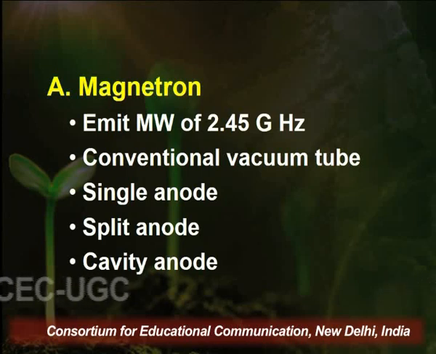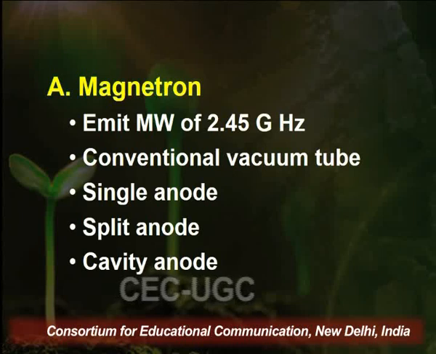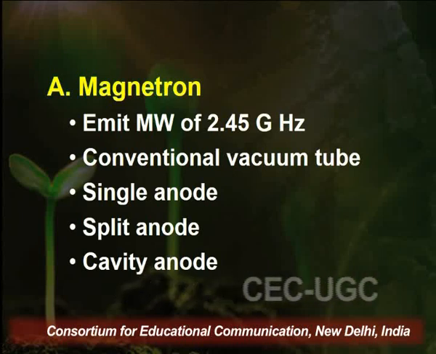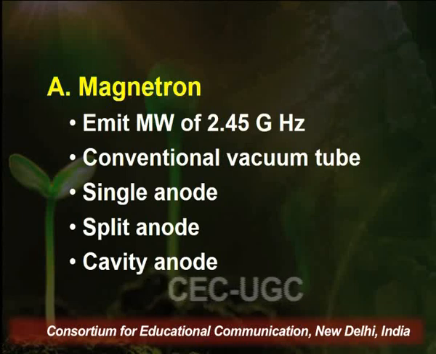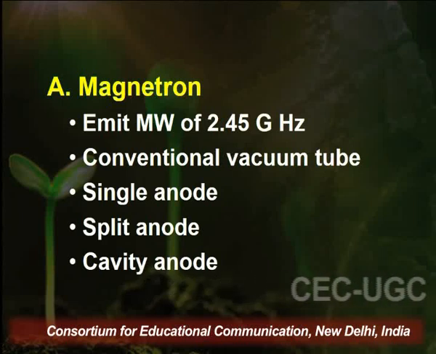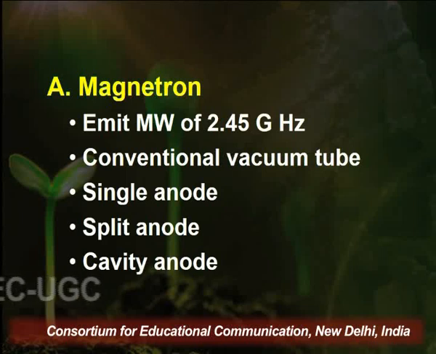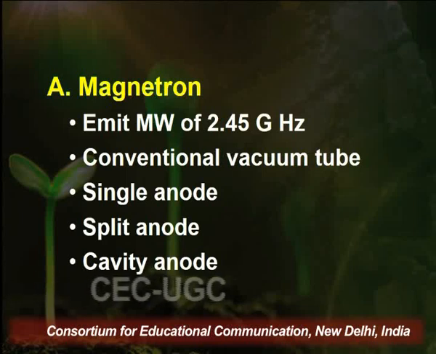And these magnetrons can be of different types. The most primitive type is the conventional vacuum type, followed by its development, the single anode. Then we had the split anode, and cavity anode magnetrons are the latest, which are most widely used nowadays. The conventional vacuum tube and single anode magnetrons had a problem of overheating.